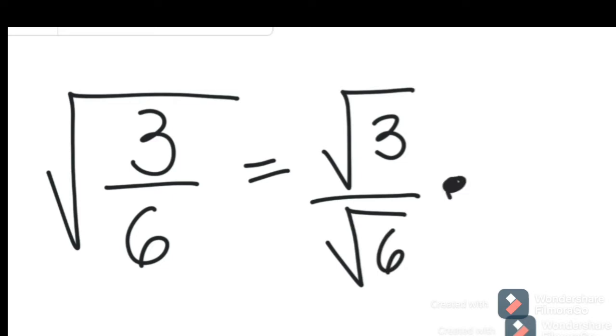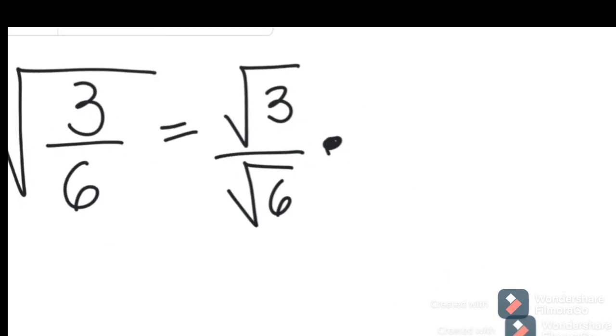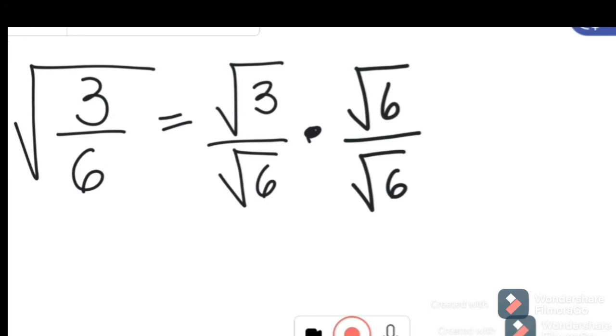We need to think of a number that when multiplied to 6 will be a perfect square. So that would be the square root of 6. Make the numerator and the denominator the same, since this will be equal to 1 and nothing will be changed in our given.